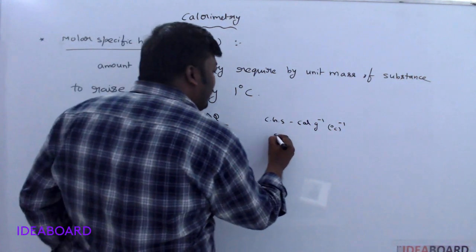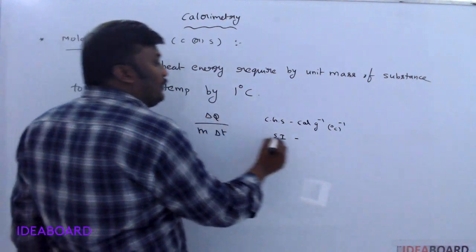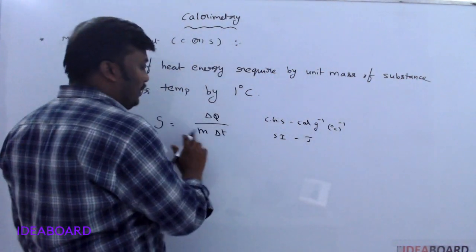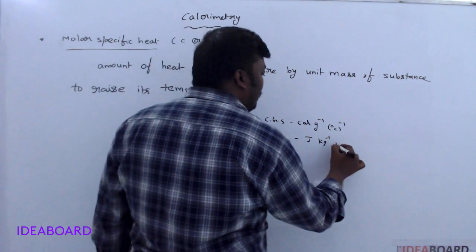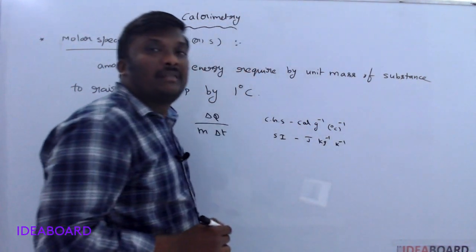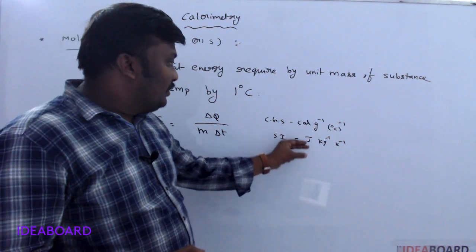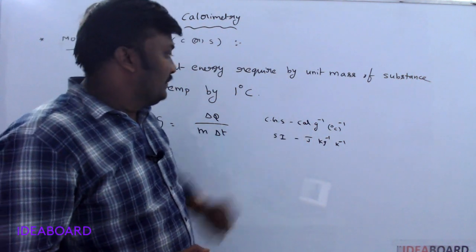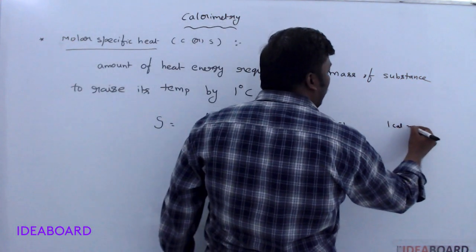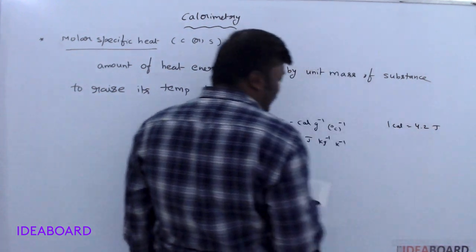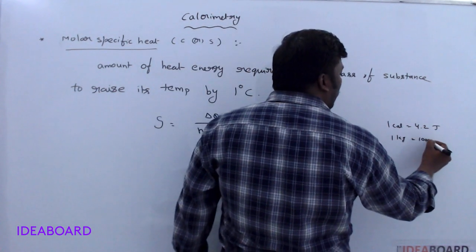And what are the SI units for it? SI units are: heat in joule, mass kg inverse, temperature difference Kelvin inverse. Okay. So what is the relation between those two units? We know 1 calorie is equal to 4.2 joules, and 1 kg is equal to 1000 grams.